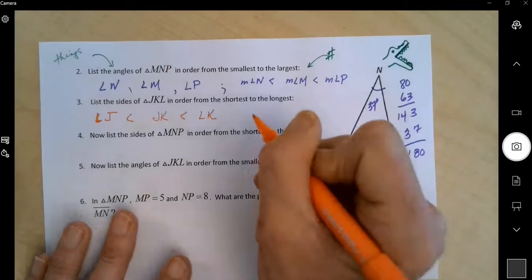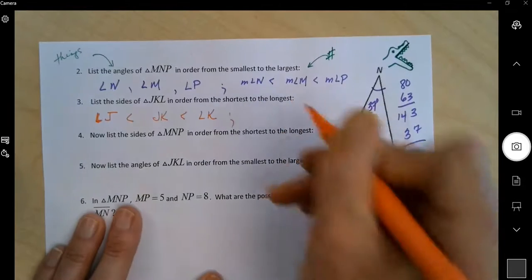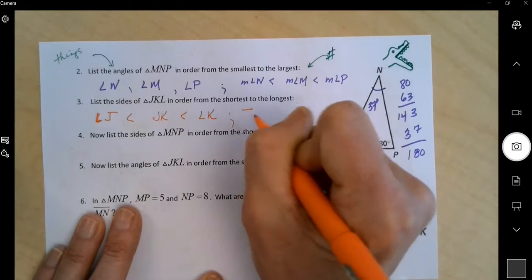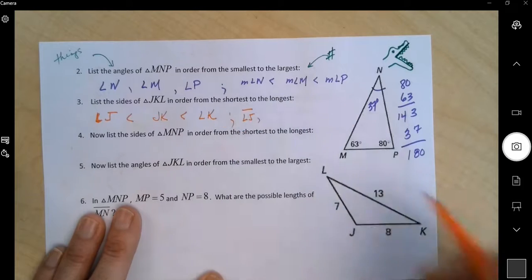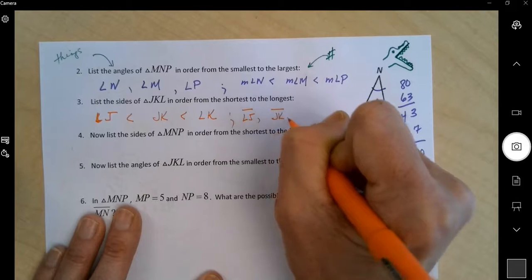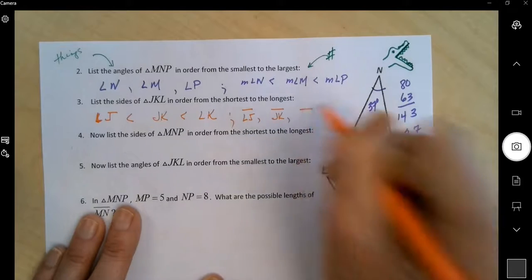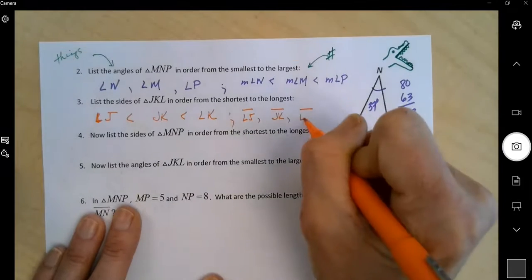You have a choice. You can talk about line segment LJ. You can talk about line segment JK. You can talk about line segment LK.